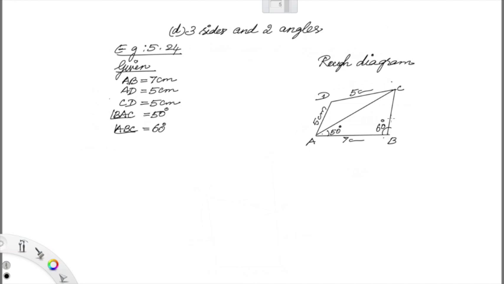Shall we start our construction? Yes. Take AB 7 centimeter. Take out your protractor. Keep your protractor at A. Measure 50 degree. Now join that.